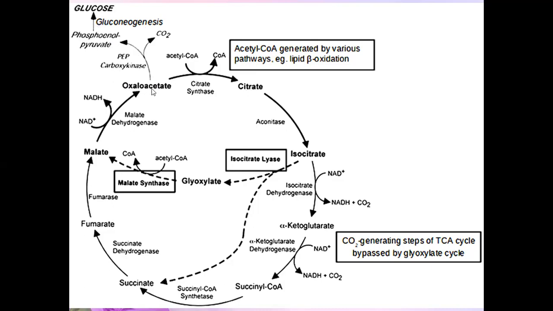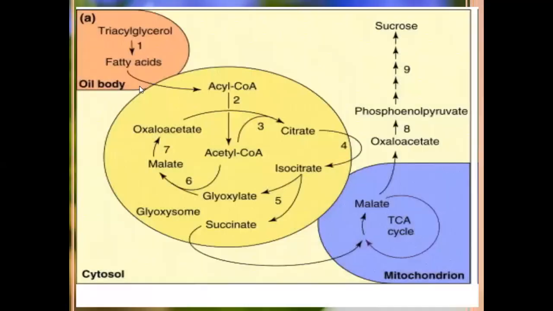Here is one pathway. The four carbon atoms of succinate enter into the mitochondrial matrix, into the mitochondria of the TCA cycle, the tricarboxylic acid pathway.